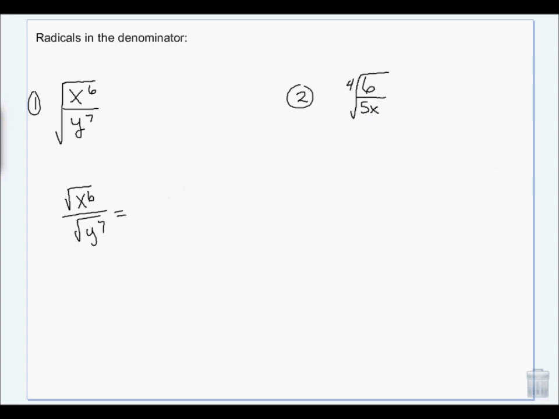Okay, big fat rule. We have a lot of rules when it comes to denominators. No zeros in the denominator, no radicals in the denominator, no imaginary numbers in the denominator, no negative exponents. You know, we have all these rules about what can be. Radicals in the denominator are illegal.